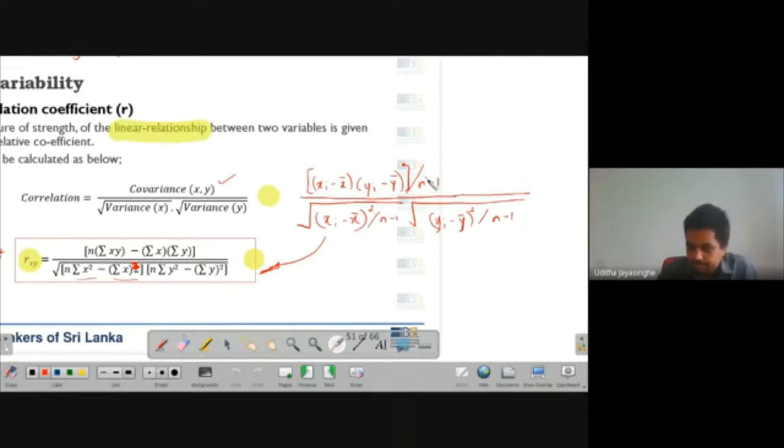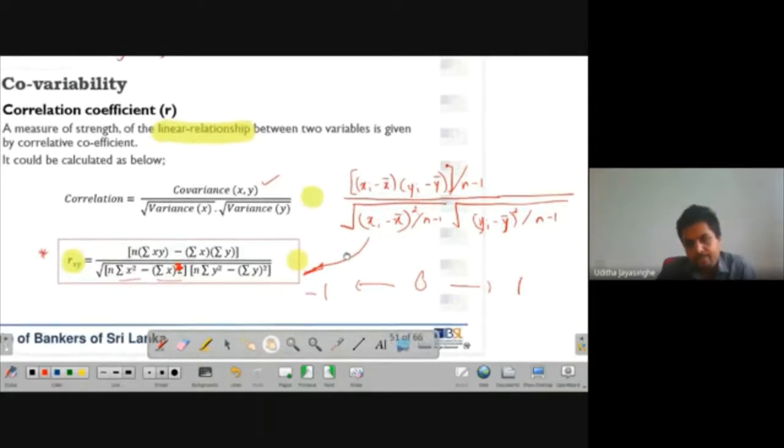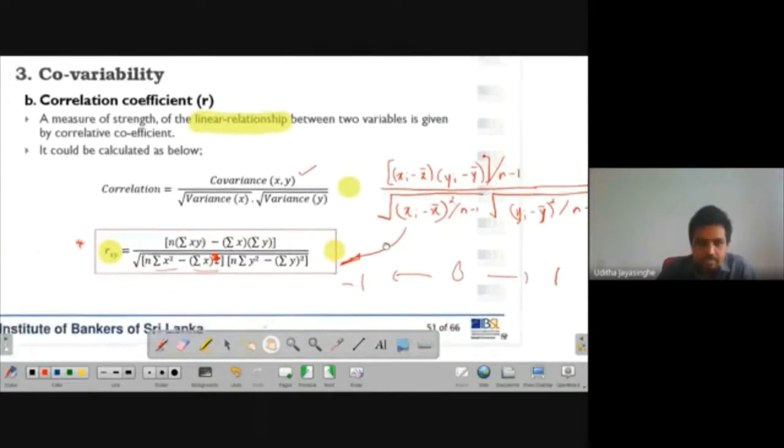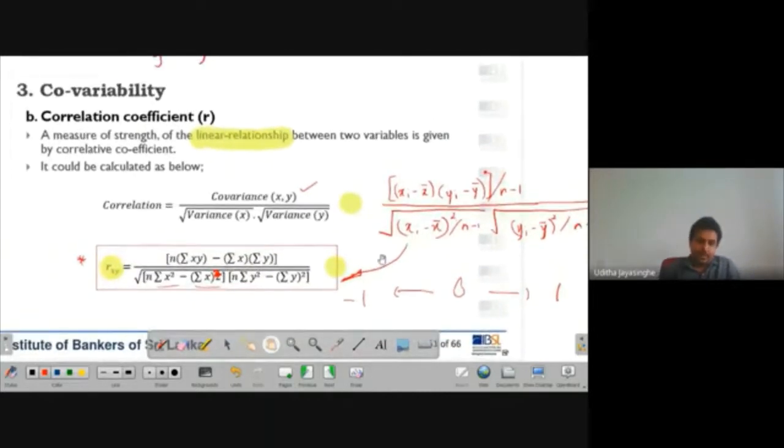But once you do this crossing off, you will understand that effectively you will be left with a number from 0 to 1, with the negative side also, depending on whether you are looking at a positive correlation or a negative correlation. So that's the beauty of this correlation coefficient Rxy and its measures.